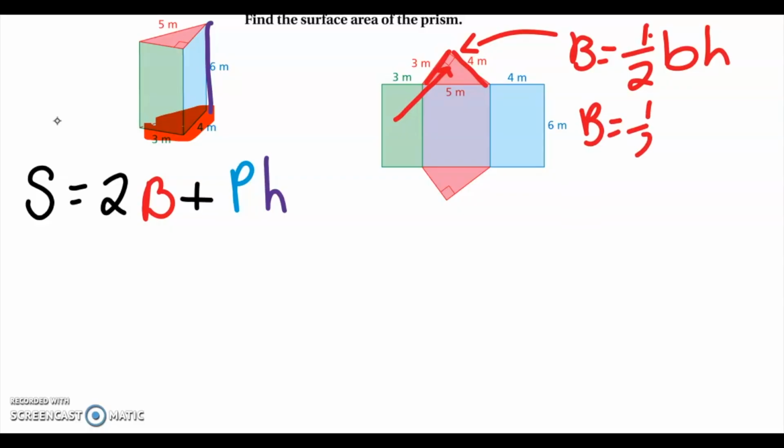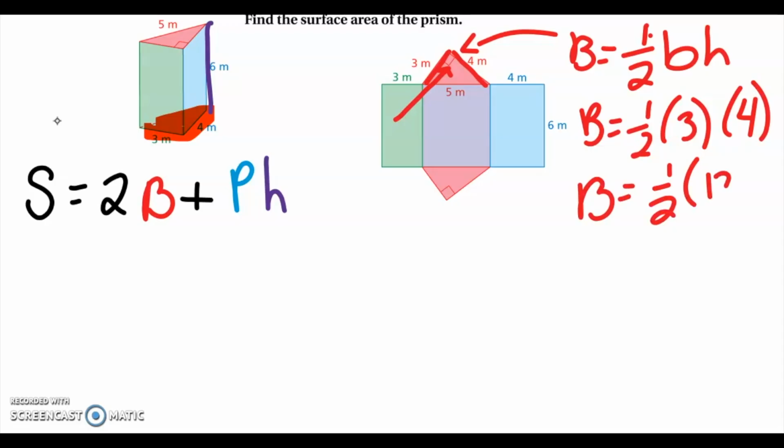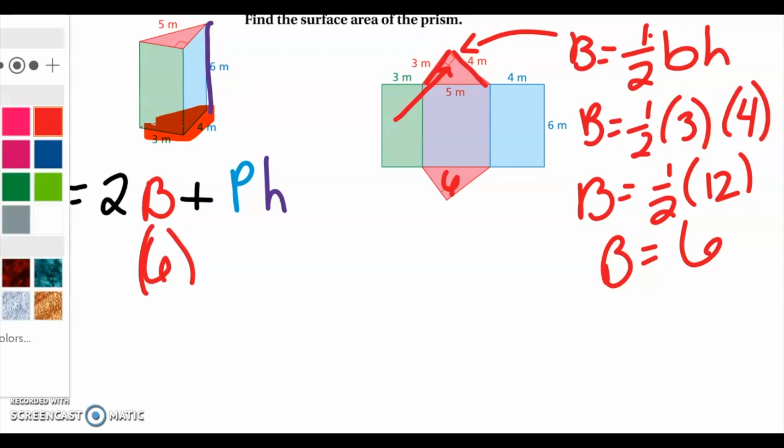So I would have 1/2 times 3 times 4. And 3 times 4 is 12, and half of 12 gives us 6. So that means that this red triangle has an area of 6 square meters. So 6 is what I'm going to plug in to my formula.